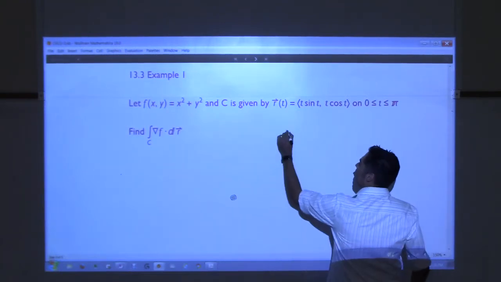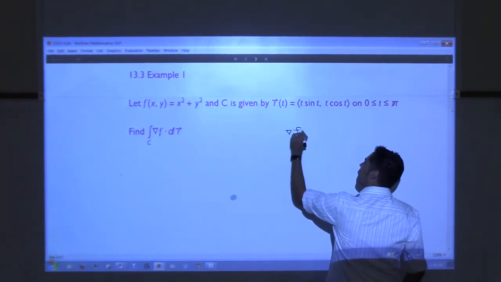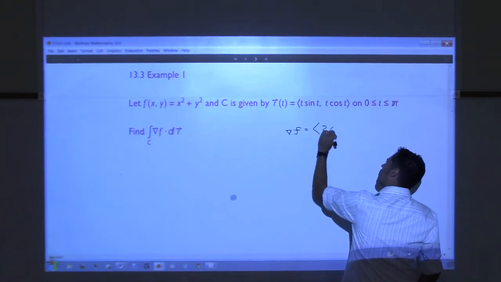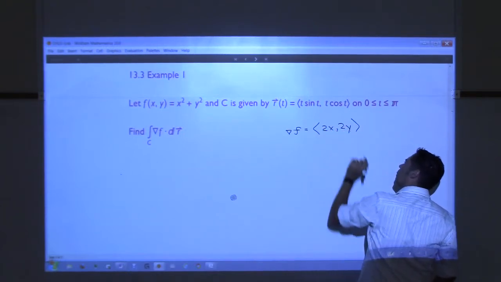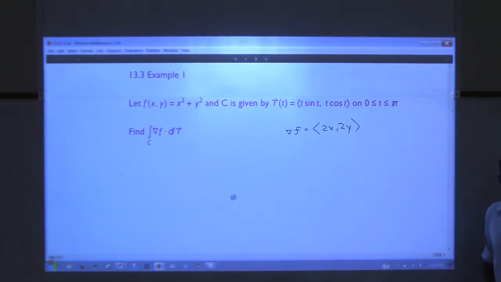But the gradient of f, that's our field, needs to come from here. So what is the gradient of f for us? 2x, comma, 2y. Done? Yes? All right, and we have our r, don't we? So I need r prime.